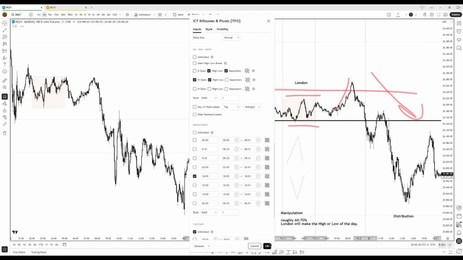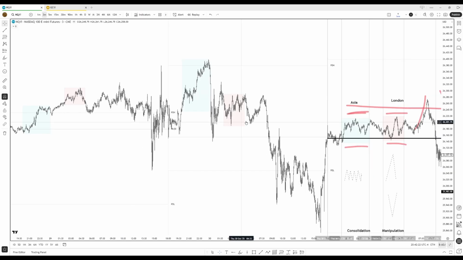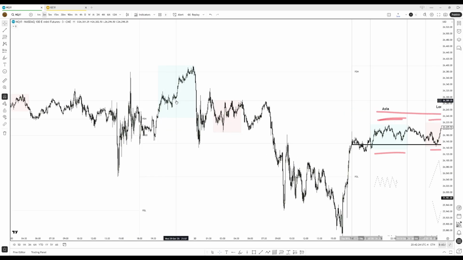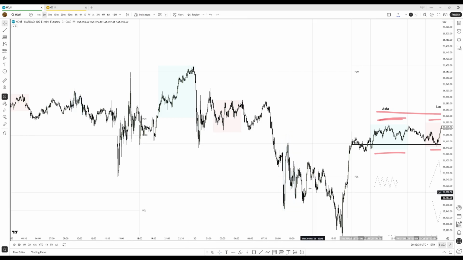Daily separators. Okay, cool. So we should see now it's separated out every day, right? I should put a vertical line on New York, just in case. We'll put 9:31 like that. So can we see it?